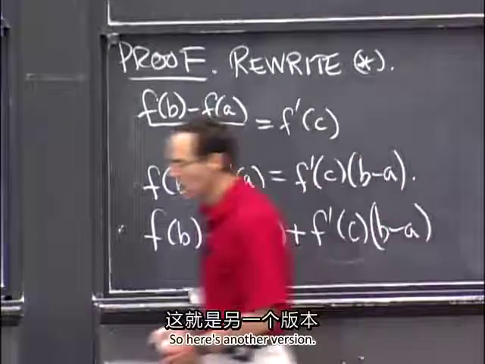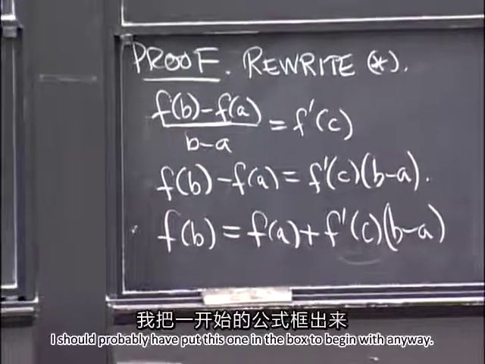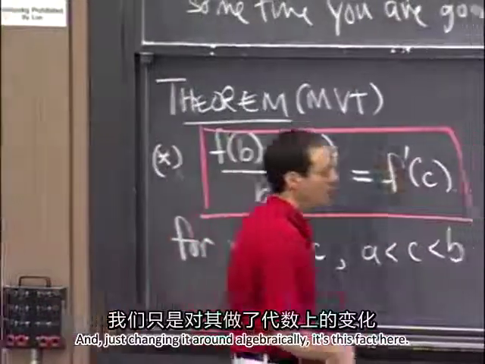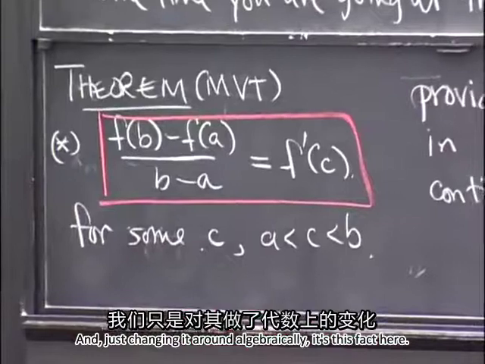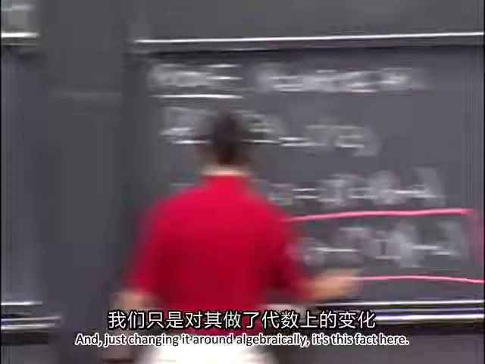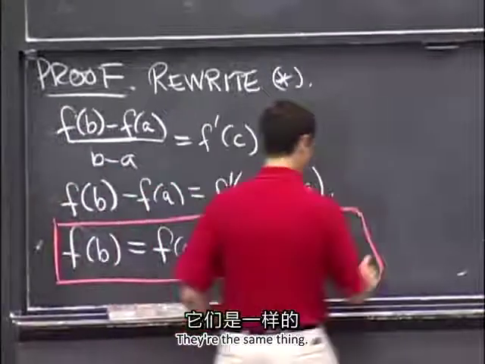All right, so here's another version. I should probably have put this one in a box to begin with anyway. And just changing it around algebraically, it's this fact here. They're the same thing.